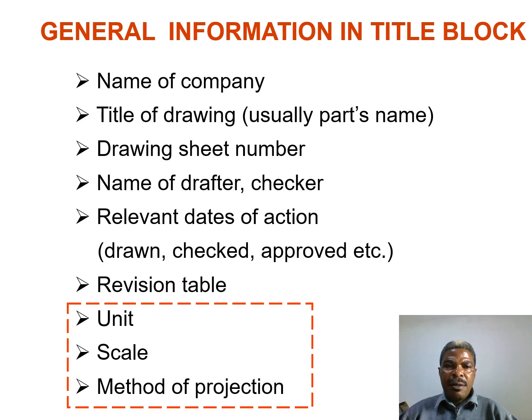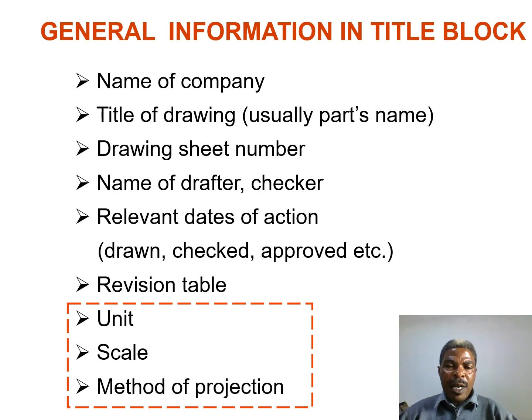Referring to the title block, which is very important to present our drawings, we need to work on this and understand thoroughly the requirements or the components that form the drawing.